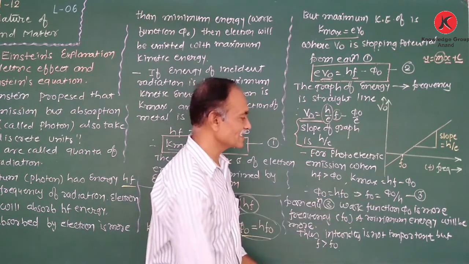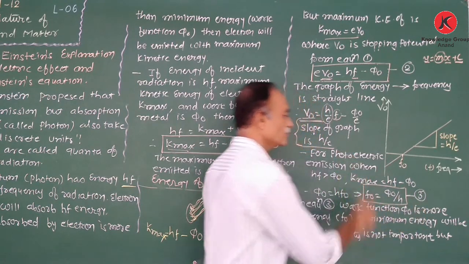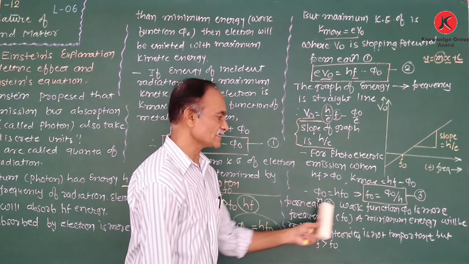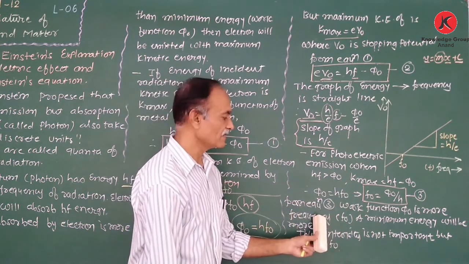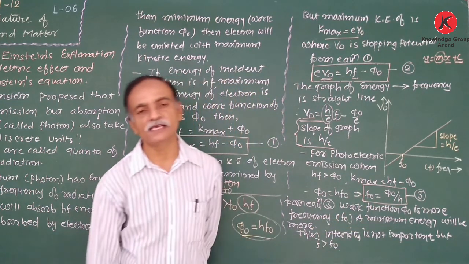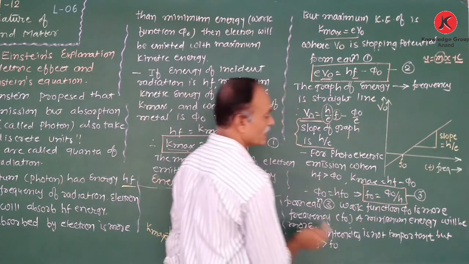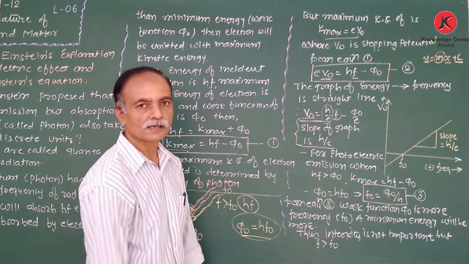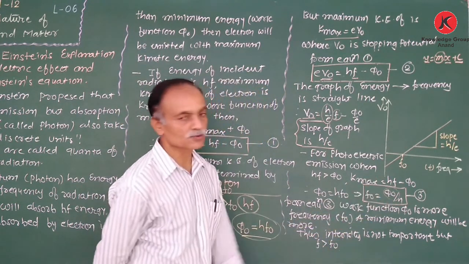Therefore, the threshold frequency required is f0 equal to phi 0 upon h. So if the work function phi 0 is more, the threshold frequency will also be more. For a given metal, if the work function is more, the threshold frequency is also more.